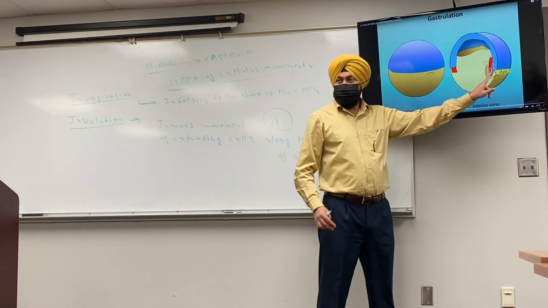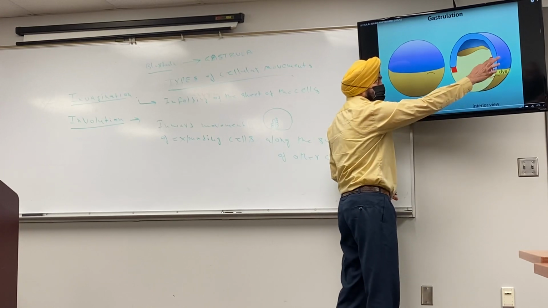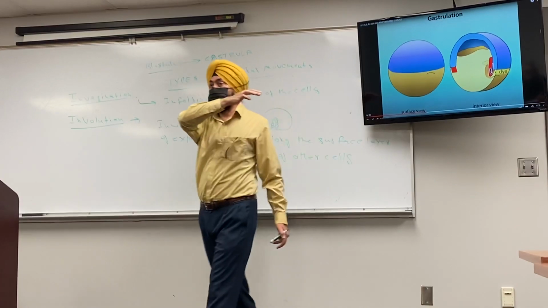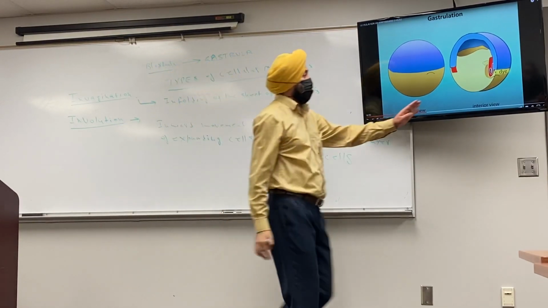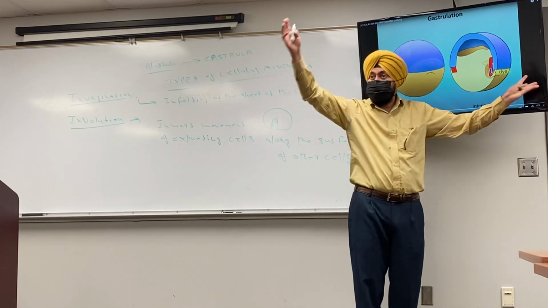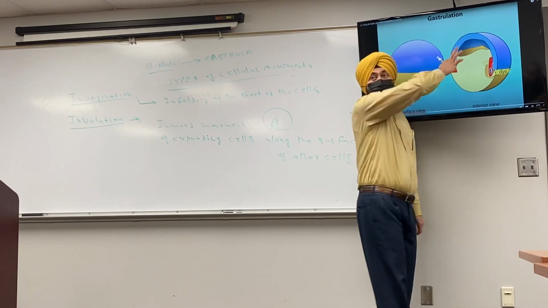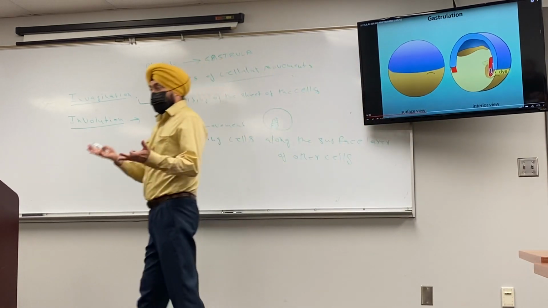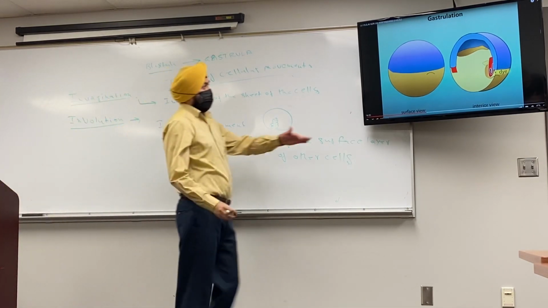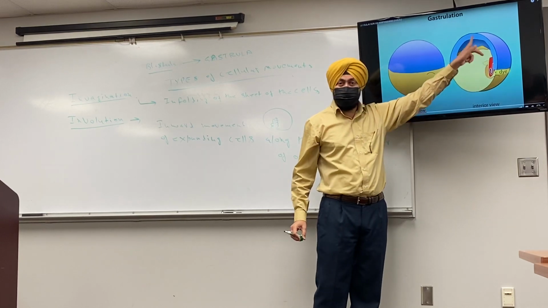These cells are dividing, growing, and they are moving inside along the surface of these cells. Making sense? So that process is called involution. Essentially these cells were initially outside, they were not inside.